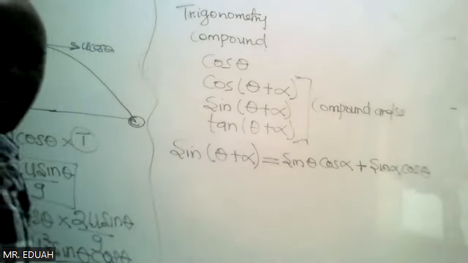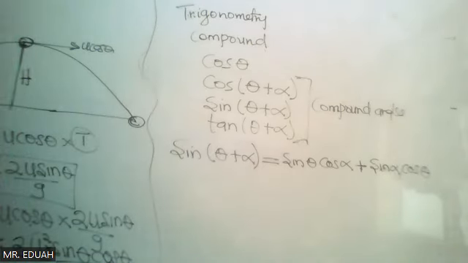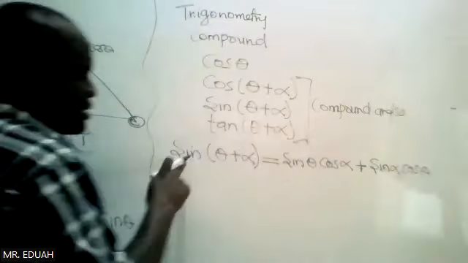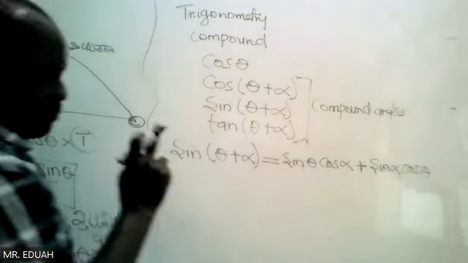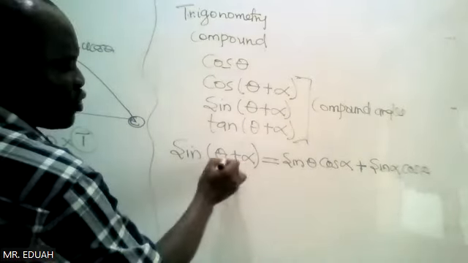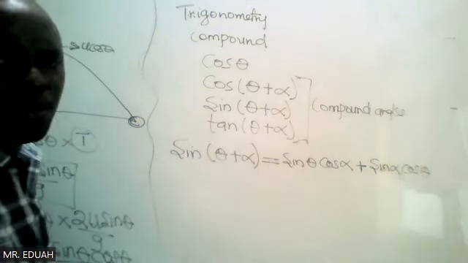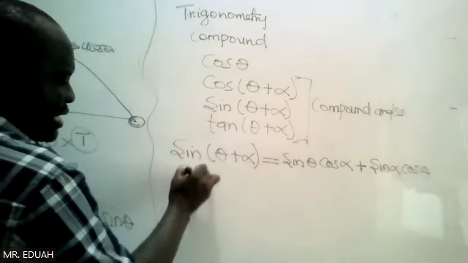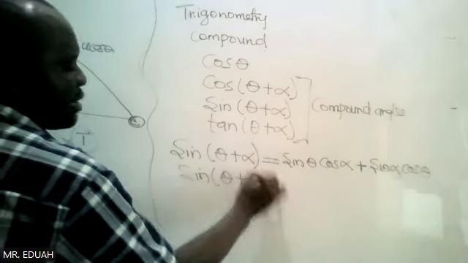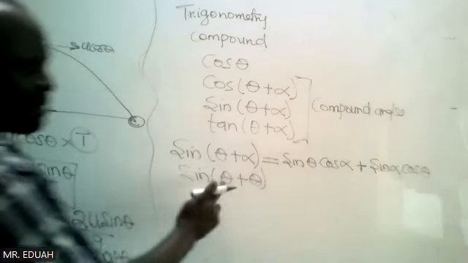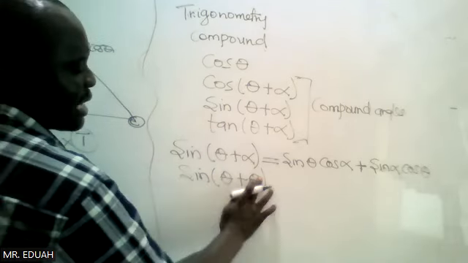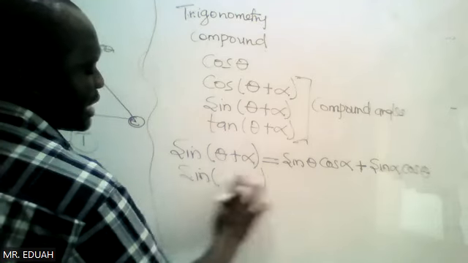Cosine has its expansion formula too. So this is the expansion of sine of theta plus alpha. Now, when the two angles are the same, sine of theta plus theta, they are the same angle, so theta plus theta is equal to 2 theta.